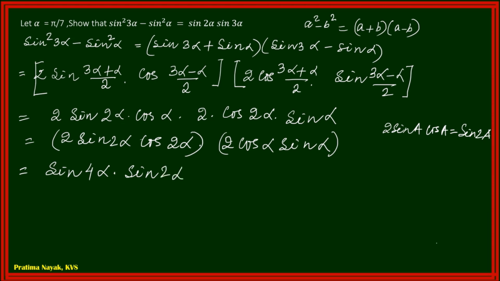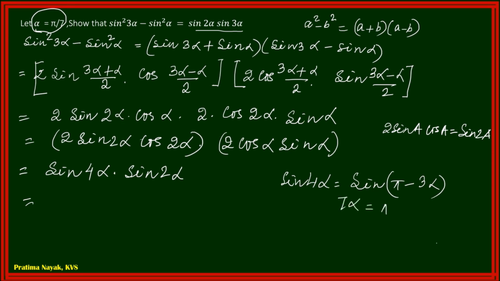Now the result is ready. Why? The result is given as sine 2 alpha multiplied by sine 3 alpha on the RHS, but I am getting sine 4 alpha and sine 2 alpha. Is it wrong? No. Why can it not be wrong? Because sine 4 alpha is the same as sine of pi minus 3 alpha, because alpha is equal to pi by 7, or 7 alpha is equal to pi.